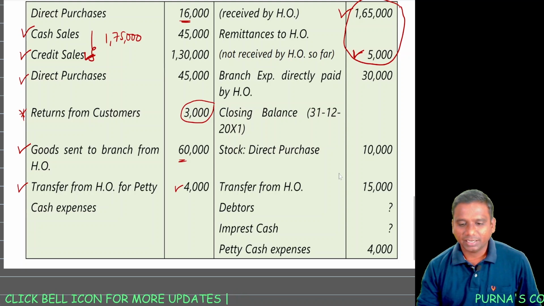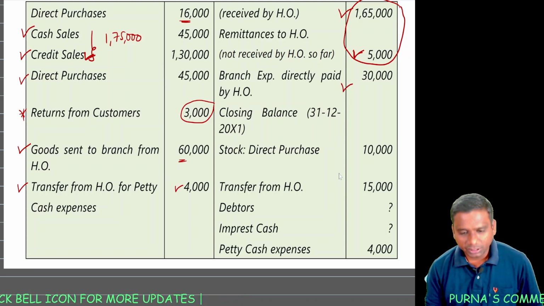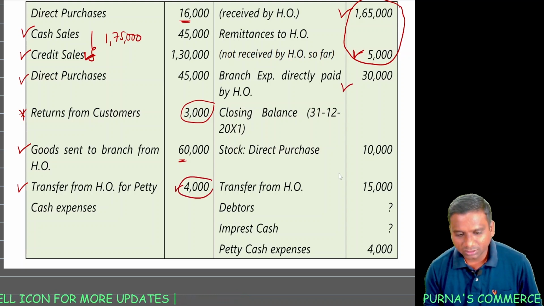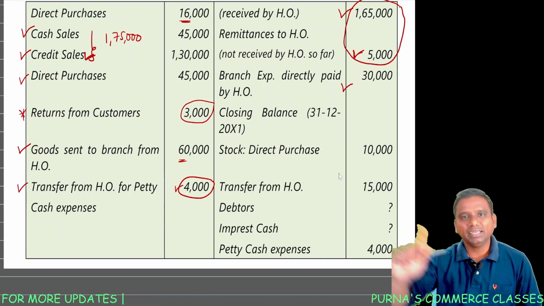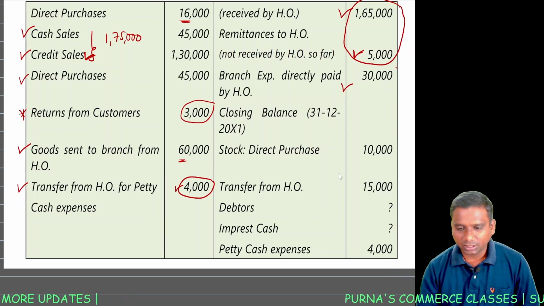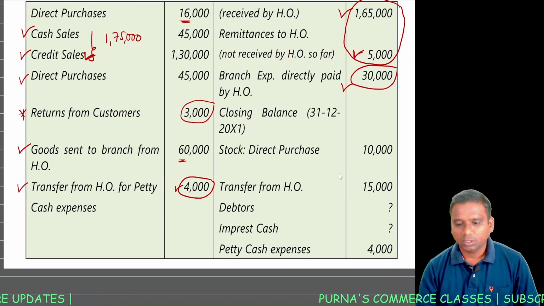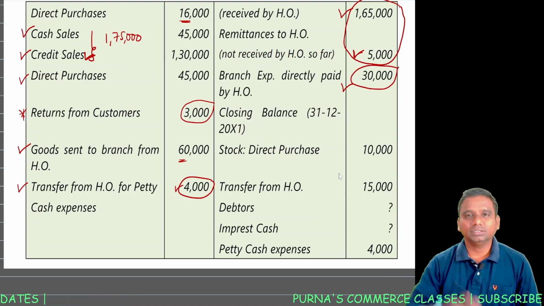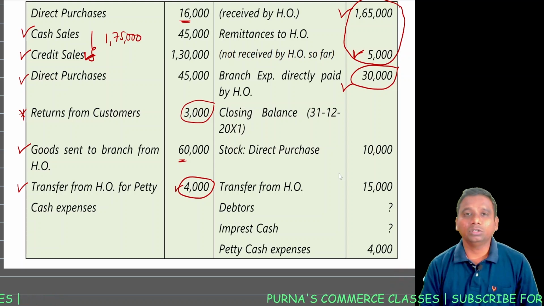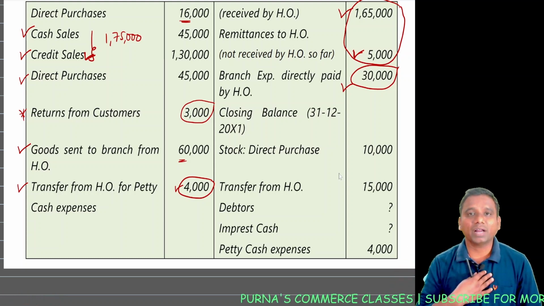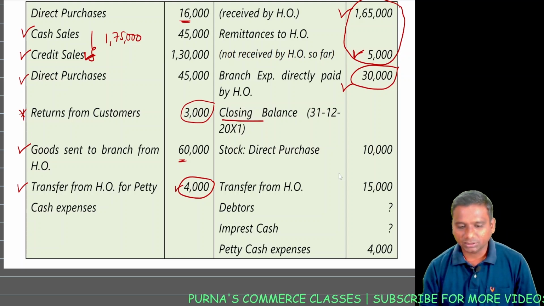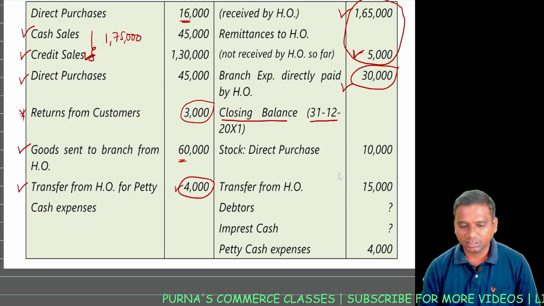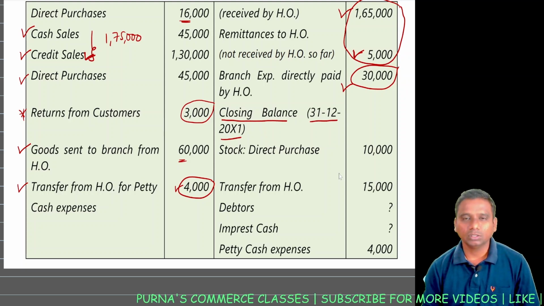Next, branch expenses directly paid by head office. See here, already 4,000 rupees we are sending to the branch, but this is for petty expenses. What about this 30,000 rupees? This 30,000 rupees is the amount of expenses directly paid by the head office. Okay. Next, closing balances on 31st December 2021.